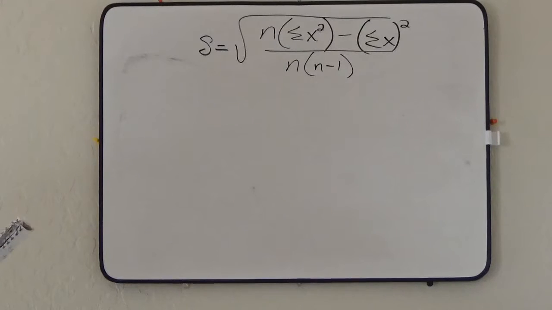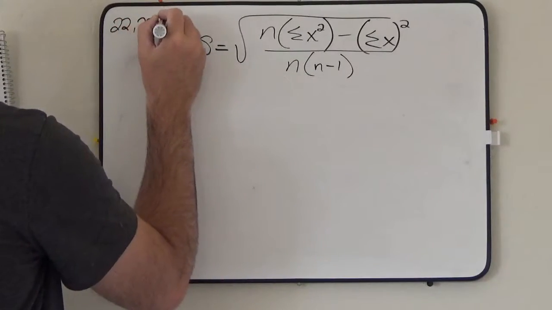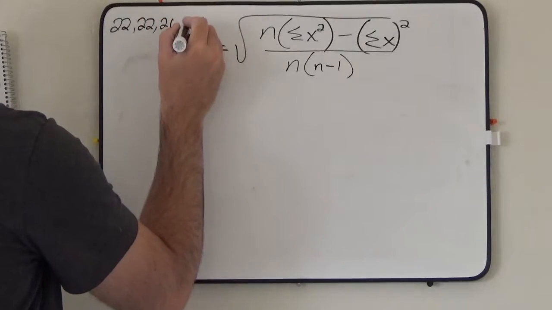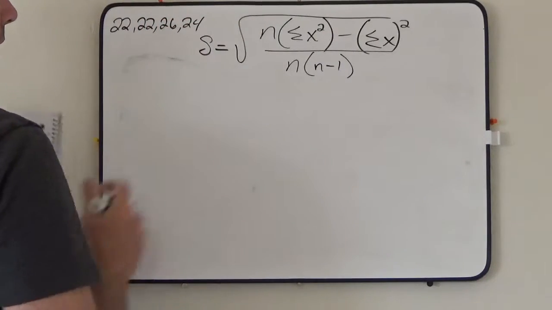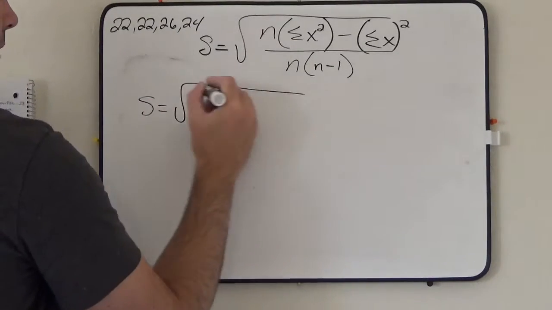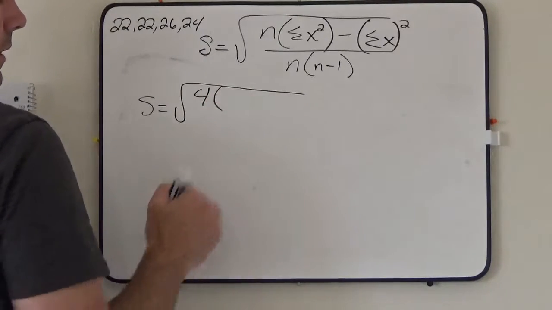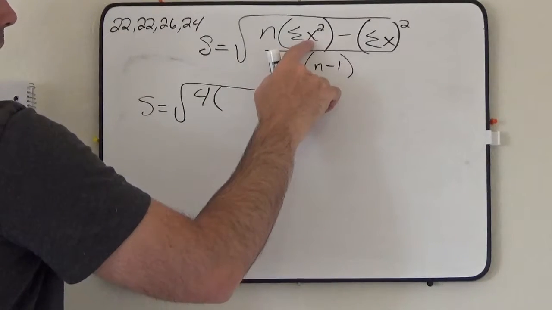Okay. So, using the same numbers we were before, 22, 22, 26, and 24, first off, there's 4 numbers here, right? So that's n, 4. The sum of all the x's squared.